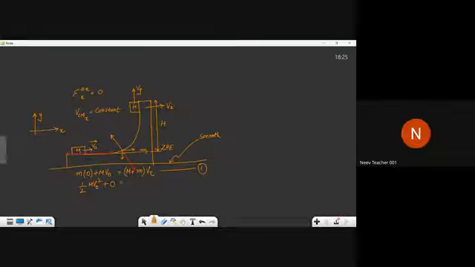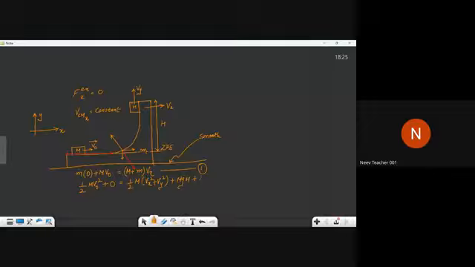What is kinetic energy to be marked of capital M? Half m Vx square plus Vy square. This is what we have for kinetic energy of capital M. Then potential energy of capital M, which from here is mg capital H.